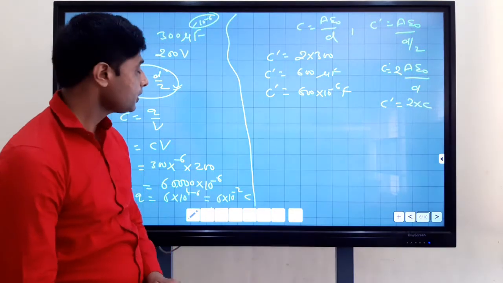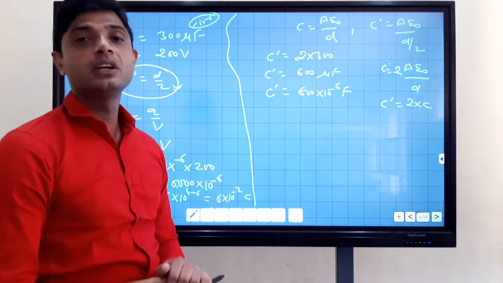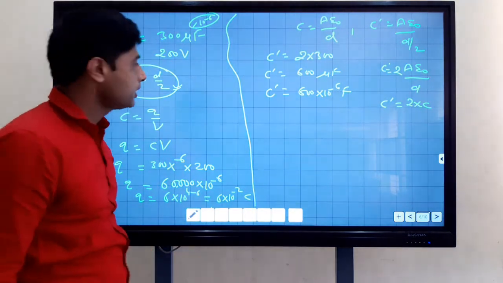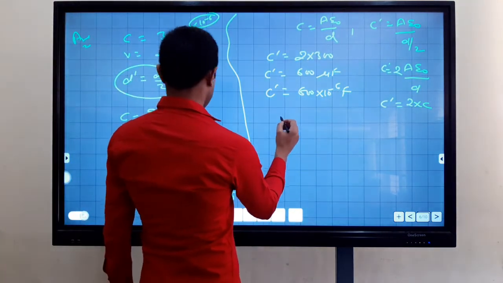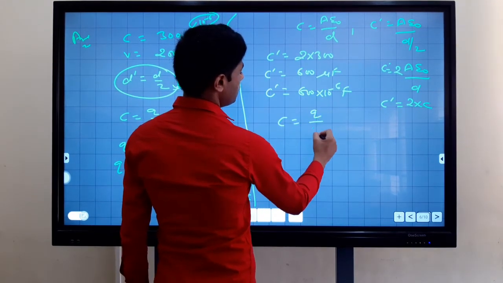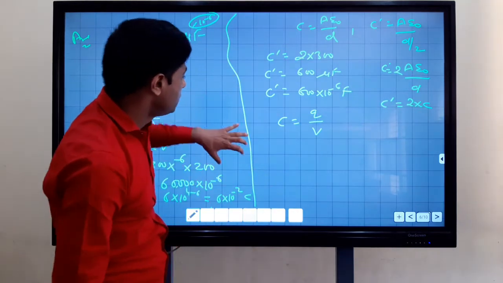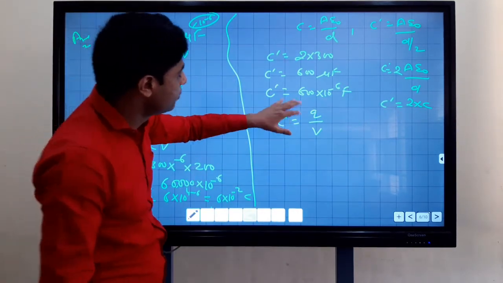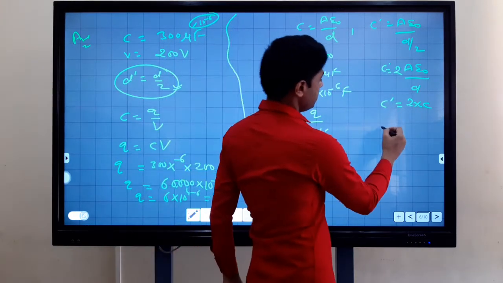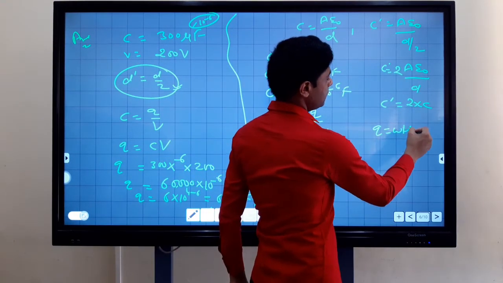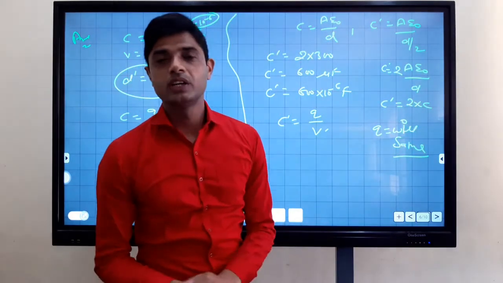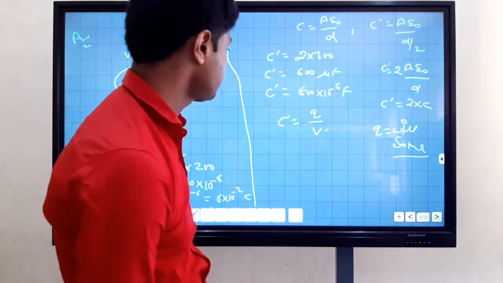Now we have to find the final potential difference, because the initial is 200. As you know, C is equal to Q upon V. When capacitance is changed, voltage is also changed, but the charge remains the same, because there is no change in the value of charge.